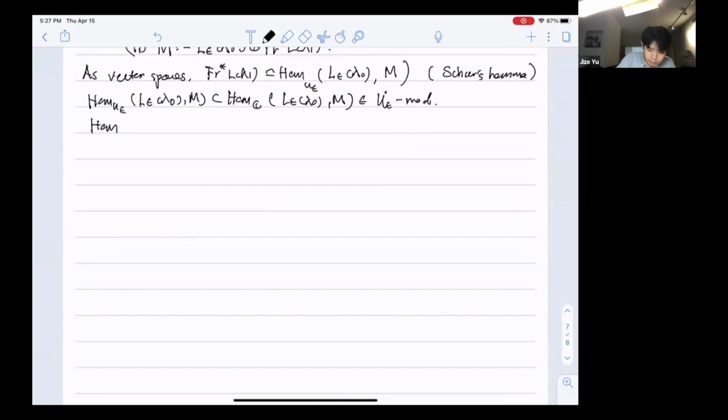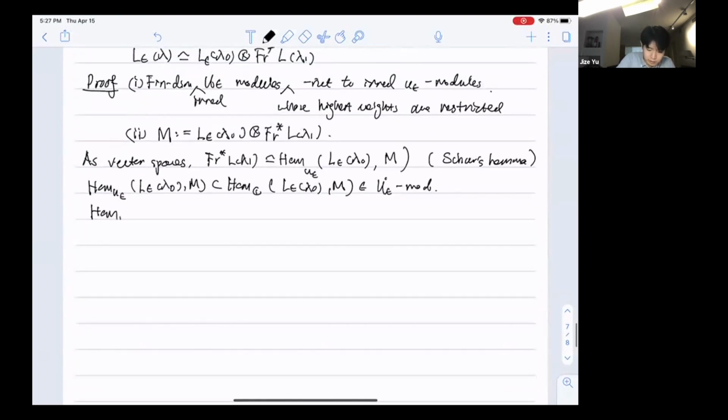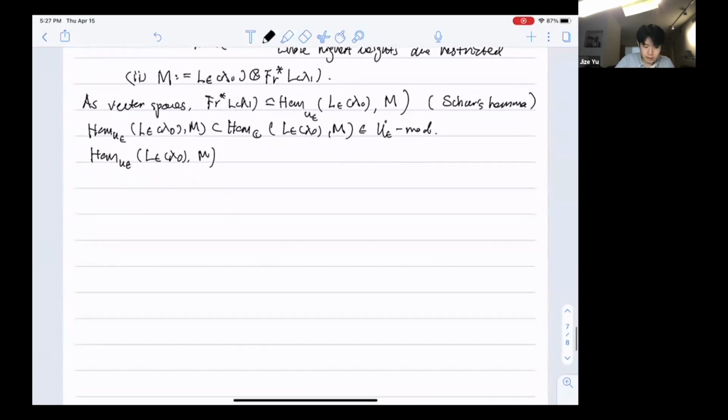Then this Hom space over small u_epsilon of L_epsilon lambda 0 and M in fact equals the invariant part of this Hom space from L_epsilon lambda 0 to M as vector spaces.